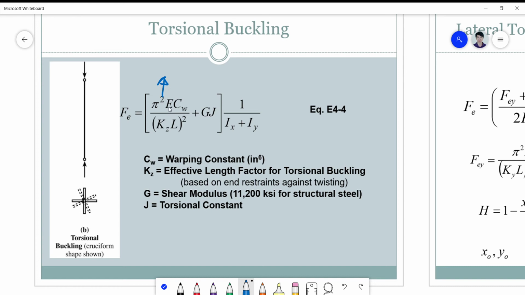So it's E C_w over (K_z L) squared, plus the G J, something to do with the shear modulus and the torsional constant, perhaps the pure torsional properties.